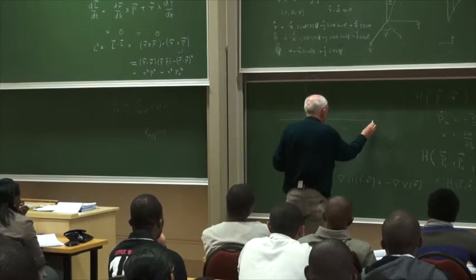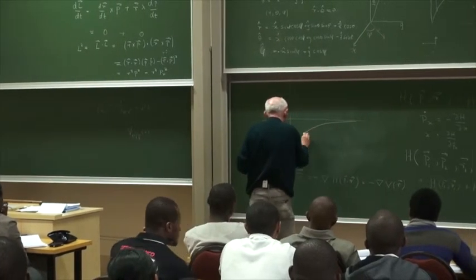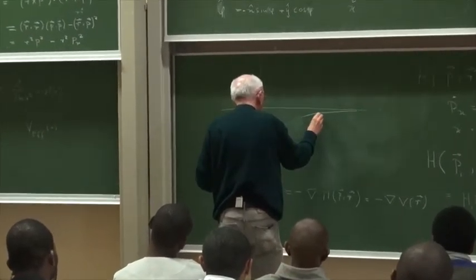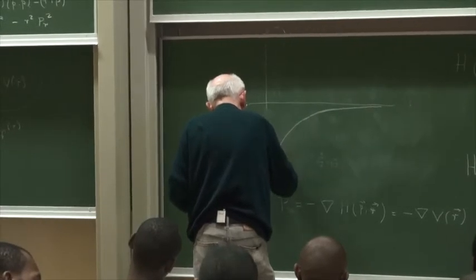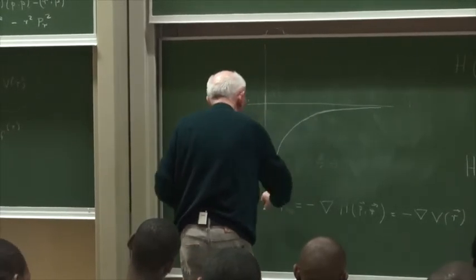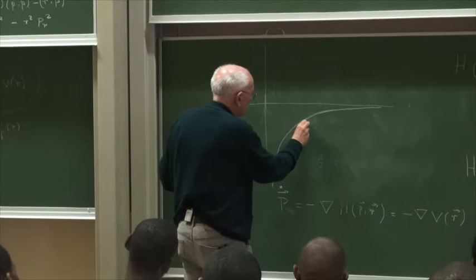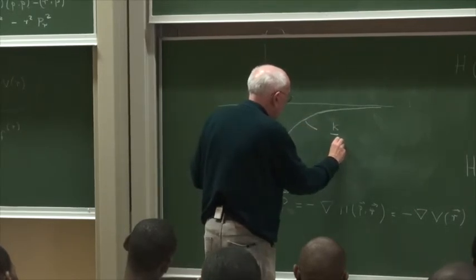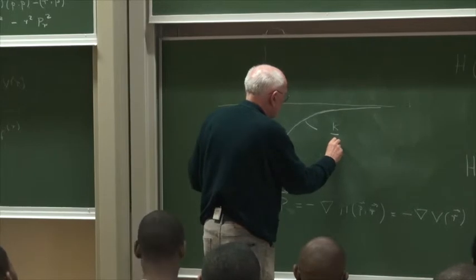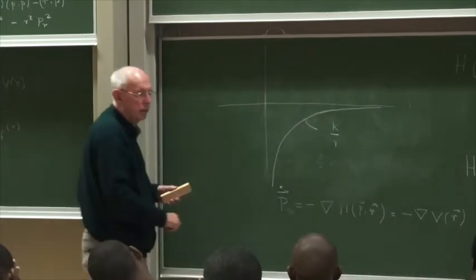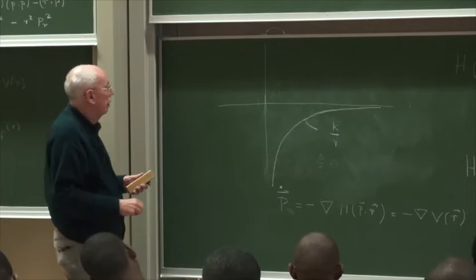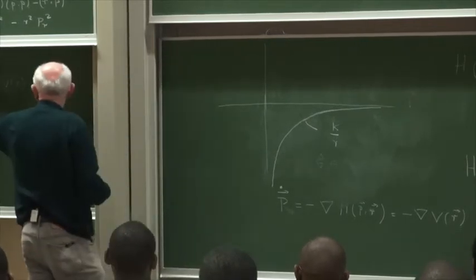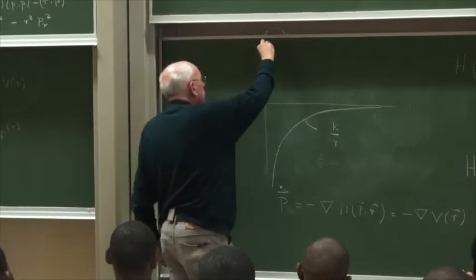So I want to draw this now. We had this V going like this. K is negative. It goes like 1 over R like this. And we have another term here in the effective potential, which goes like this.